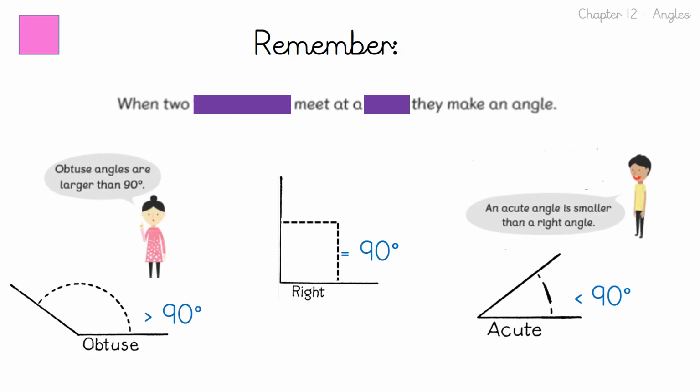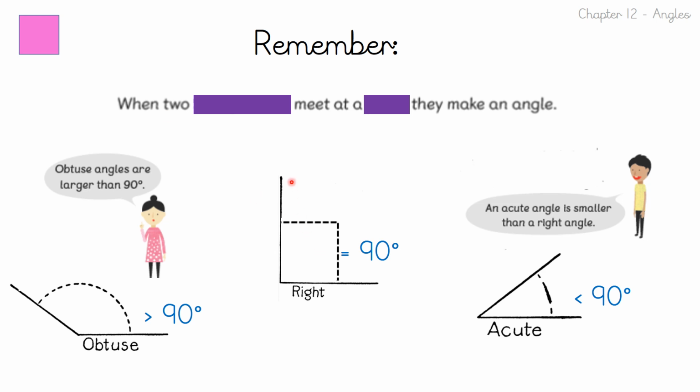We've learned lots of new vocabulary today. We know that when two straight lines meet at a point, they make an angle. We made these right angle tests last week that can help you to name all the different angles.